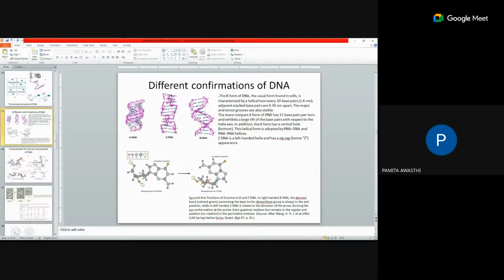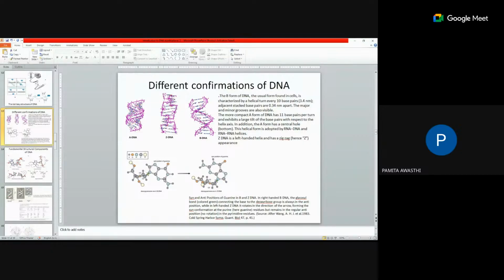The vast majority of the DNA in the cell is in the B form, but it can adopt the A structure in certain DNA-protein complexes. Also, RNA sometimes adopts the A form when it goes into a double helical form.